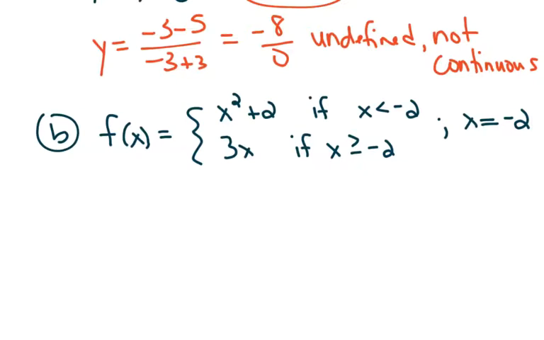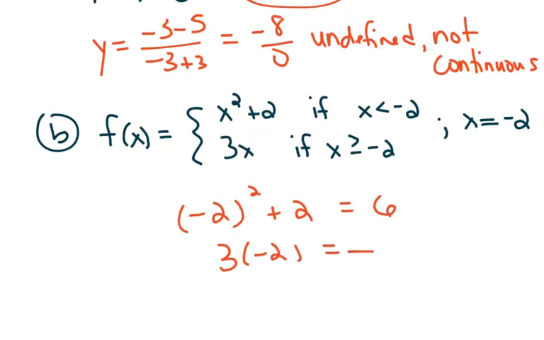So if I plug in -2 into the first equation, I get 6. If I plug in -2 into the second equation, I get -6. That means that at the x value of -2, those y values have approached completely different numbers, in which case it is not continuous.